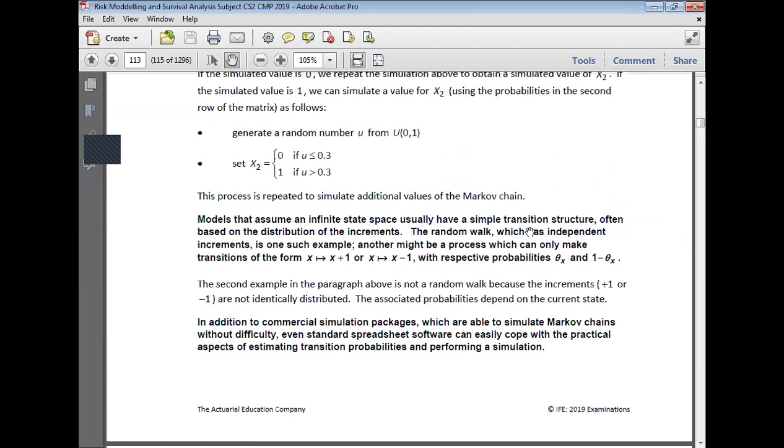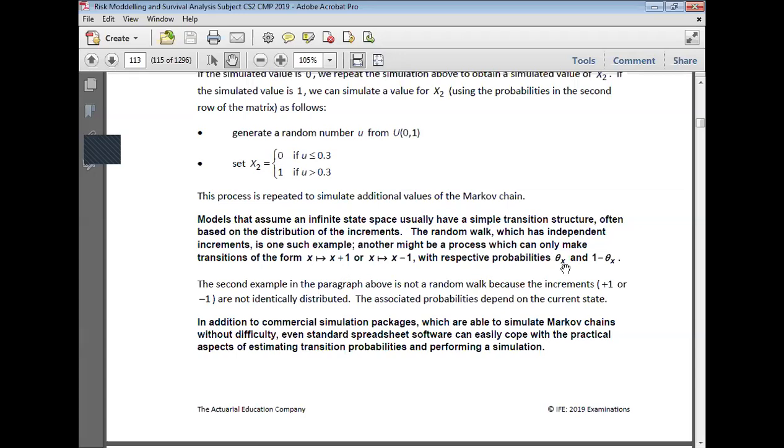Here they are just saying that, again, if you have infinite state space, you will have a simple transition structure, whereas your increments y will be Markov. But again, sometimes, let us say I'm defining that the chance that I will go from x to x plus 1 is theta x. So here I'm saying that this probability depends on x. It is not some constant like a half and half that we saw before.